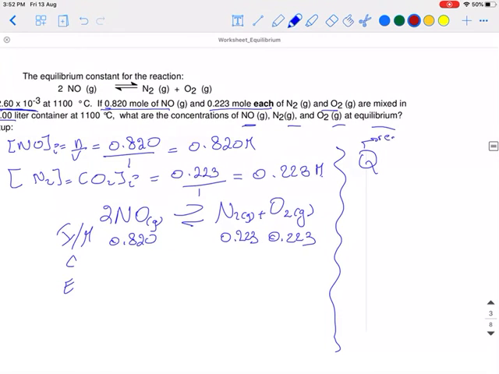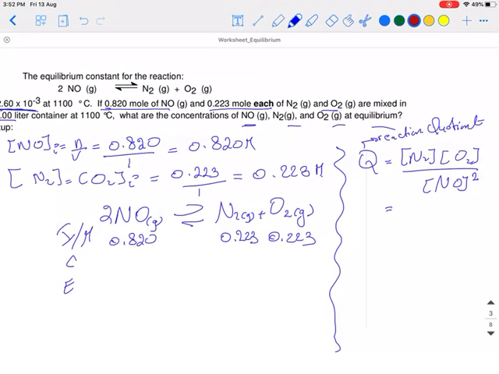We call this the reaction quotient, which is the quotient at any instant, not at the equilibrium position. It is the multiplication of the concentrations of products raised to their stoichiometry over the multiplication of reactants raised to their stoichiometry.